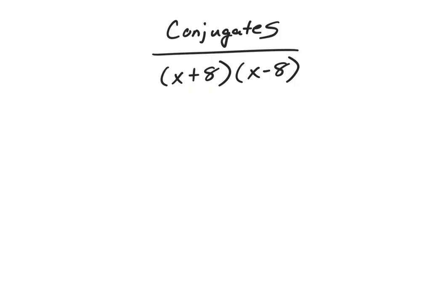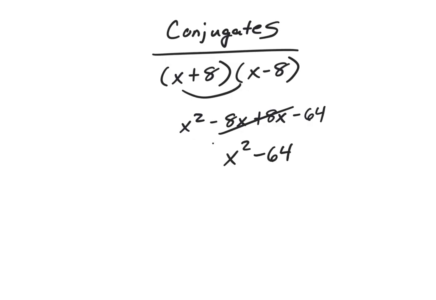Still a FOIL problem, but my answer is going to look different here because as I FOIL this out, x squared, and then we have minus 8x, plus 8x, and then we have minus 64. And then those two are always going to cancel out. If we have conjugates, the two middle terms will always disappear. And all we have left is two terms. So it's still a FOIL problem, but our answer looks a little bit different.